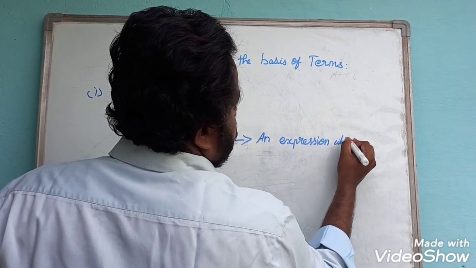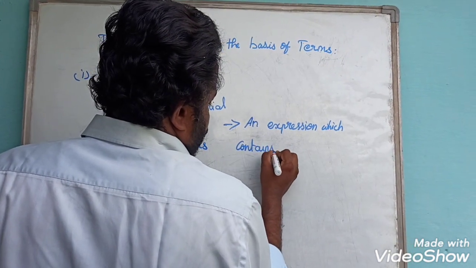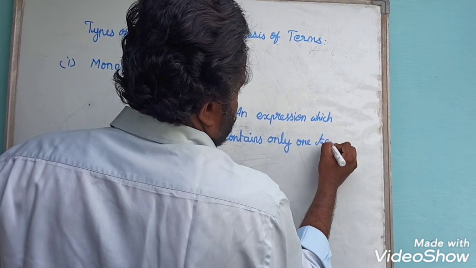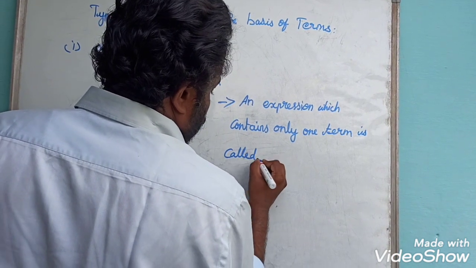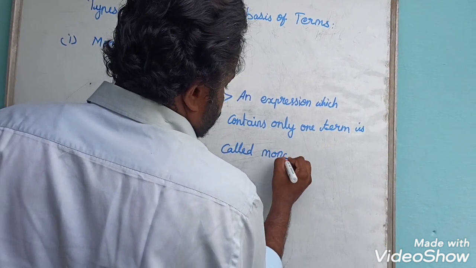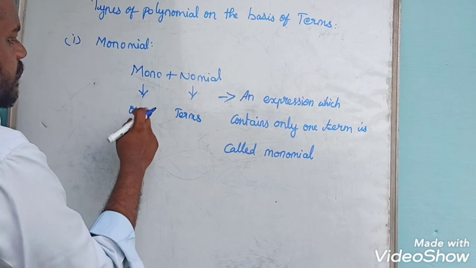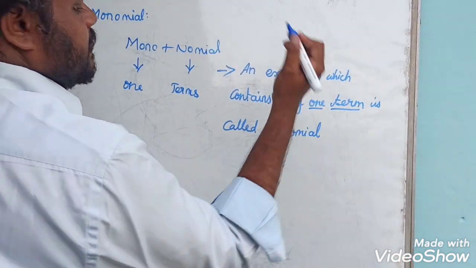An expression which contains only one term is called a monomial. So only one term. Mono means one. So if it consists of one term, we say it is a monomial.